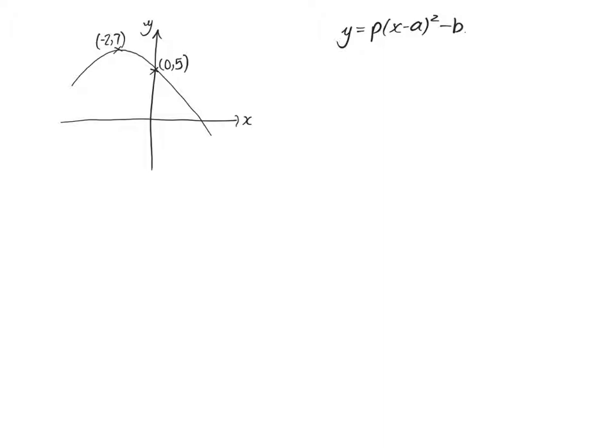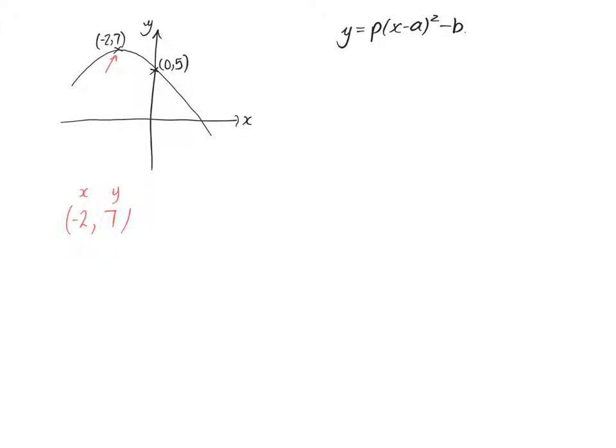So our first place to start is to look at our turning point. So our turning point is going to give us our a and our b. So our x coordinate of our turning point and our y coordinate of our turning point, so we've got minus 2 and we've got 7. Our y coordinate just gives us our b value automatically.